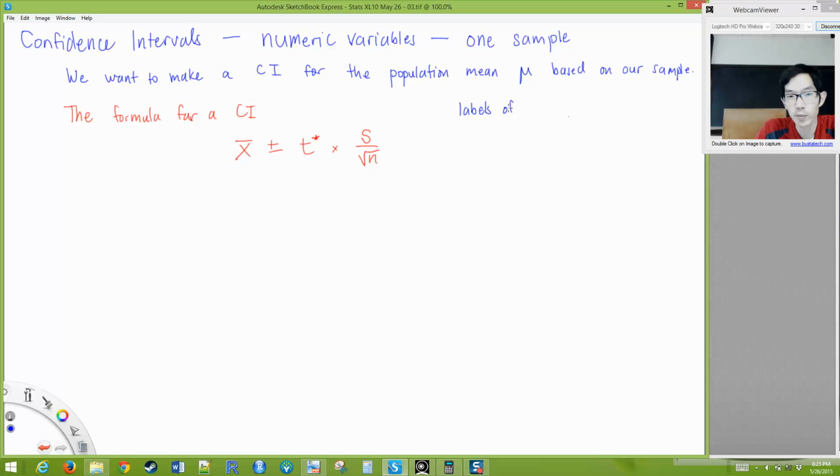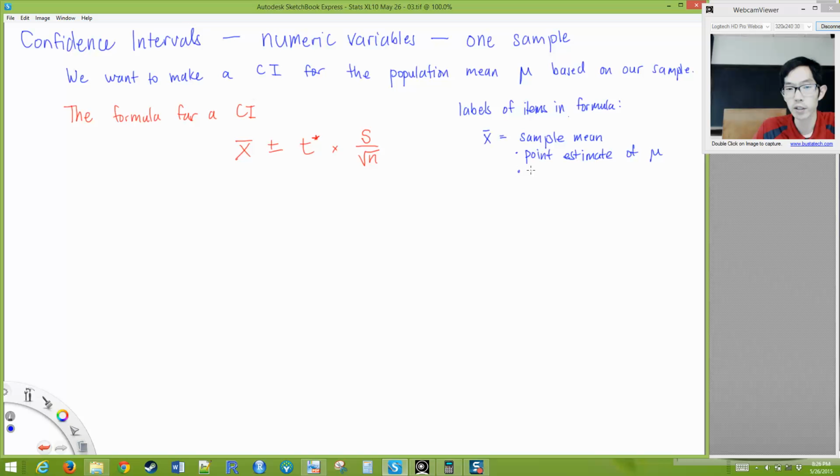Labels of items in the formula. X bar, this is your sample mean. It's also known as our point estimate of mu.